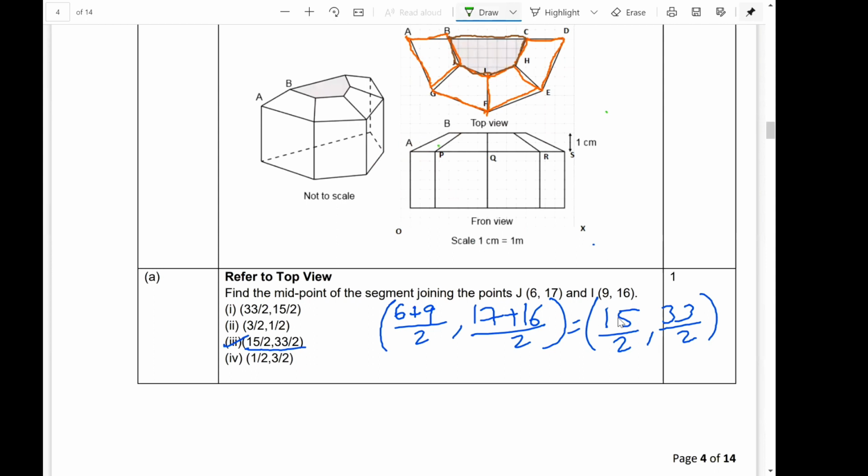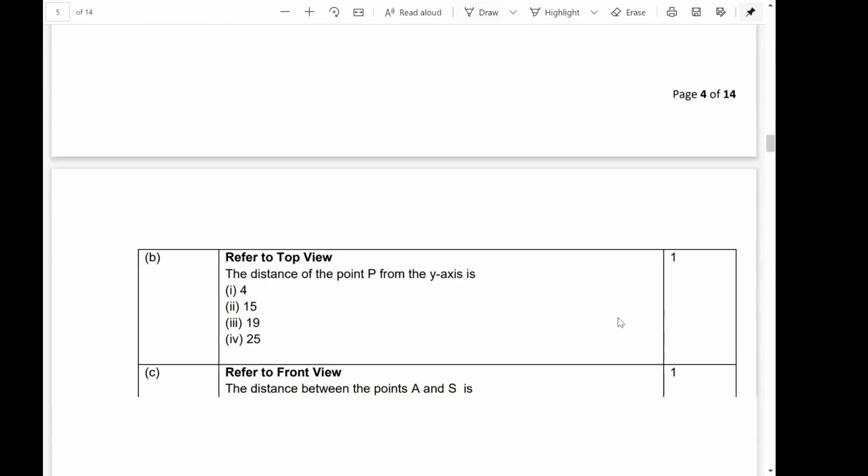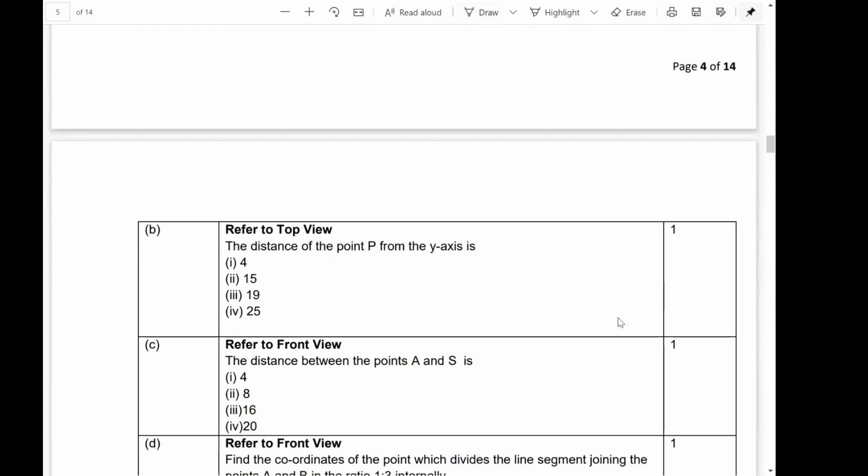This point P is at a distance of 1, 2, 3, 4. That means it is clearly 4 units from the y-axis. So that is the answer for the second question. The distance of the point P from the y-axis is 4 units.